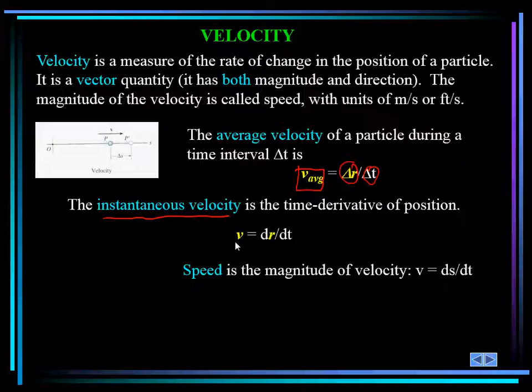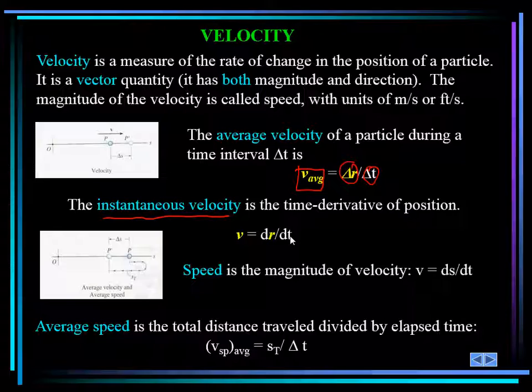So if we start with this very basic definition that the velocity is the change of the position, then we'll be able to understand the equations of motion much more easily. The average speed is the total distance traveled divided by the elapsed time. We are trying to make the difference between what speed is and what velocity is.